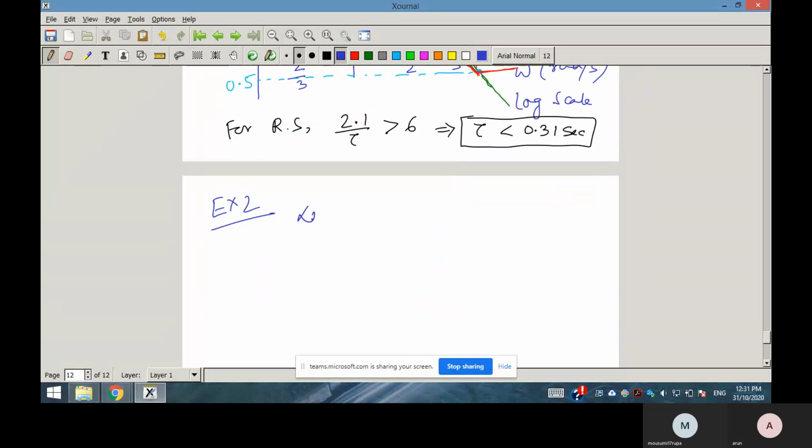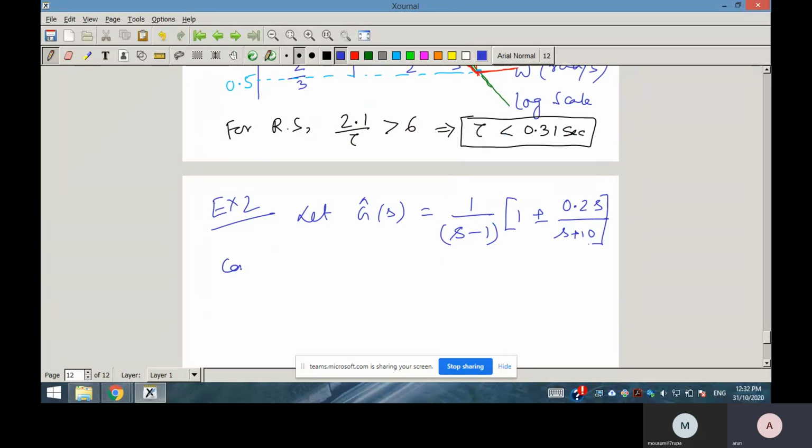Let G hat S equal to 1 by S minus 1 into 1 plus minus 0.2 S divided by S plus 10.